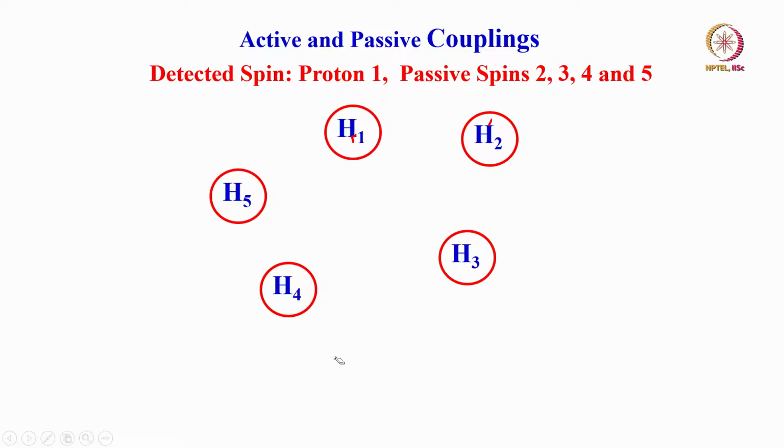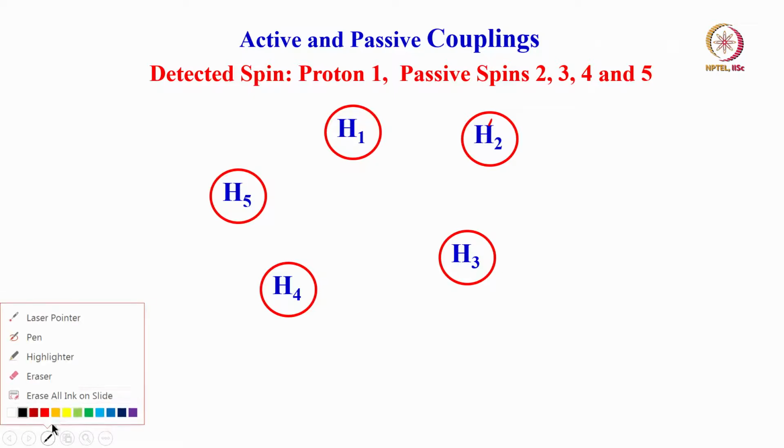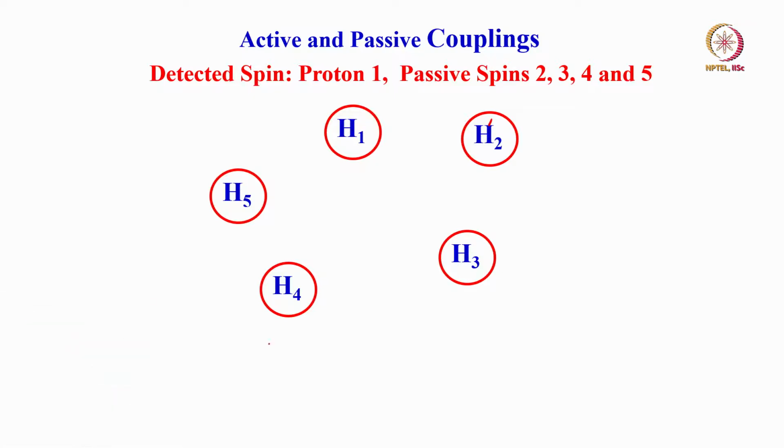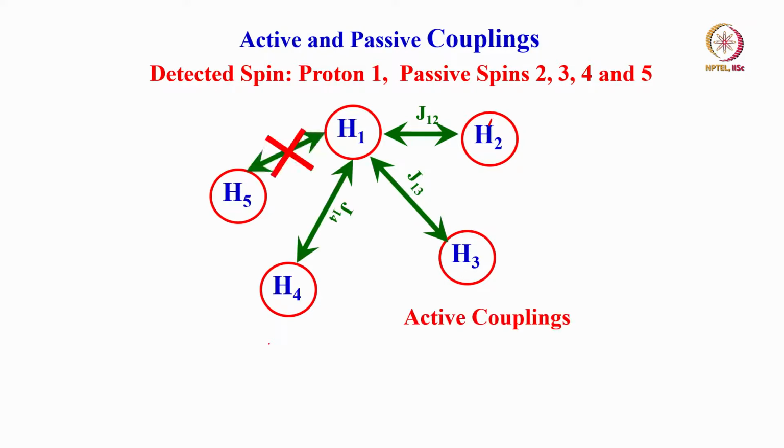Now, when I am looking at this proton spin, it can couple to proton 2, coupling constant J12. It can couple to 3, J13. It can couple to 4, it can couple to 5. I mean, it need not couple to 5, no problem.